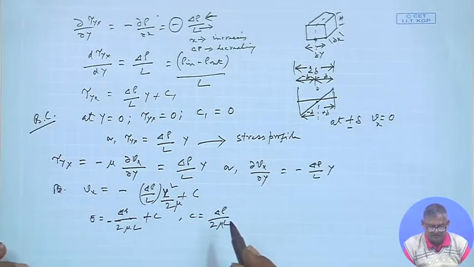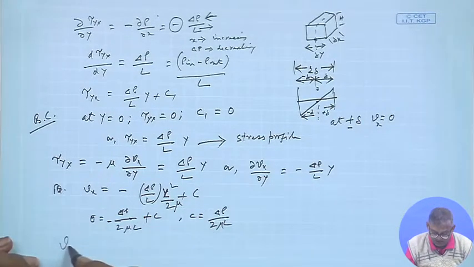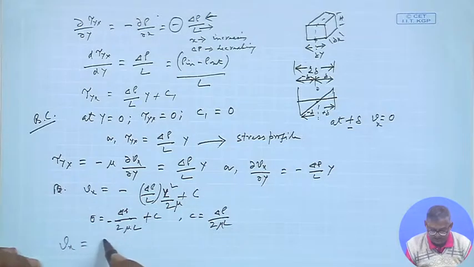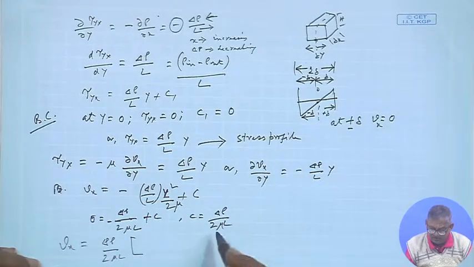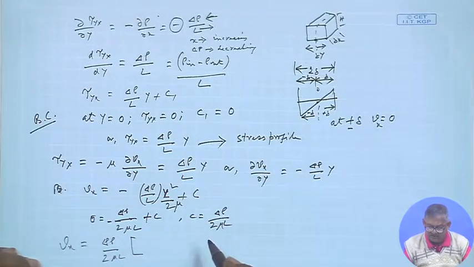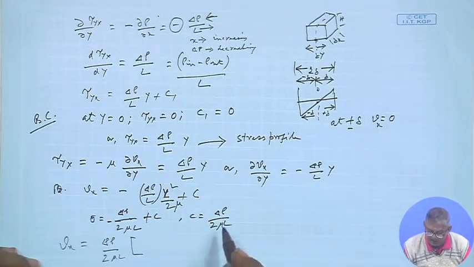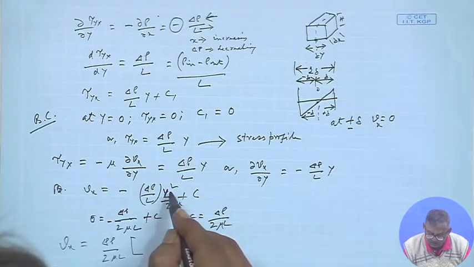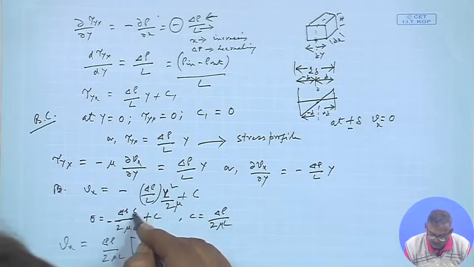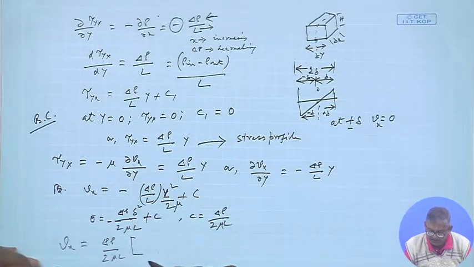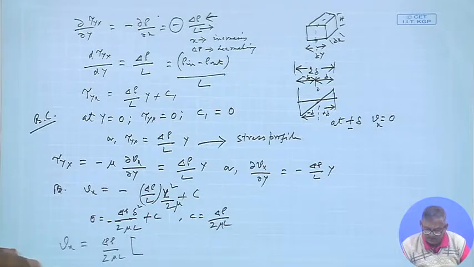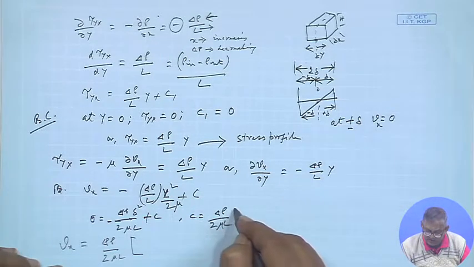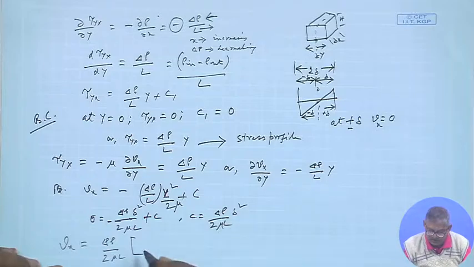And we can write v x is equal to delta p by 2 mu L, if we take it to be common, then delta p, this was y, c and of course y square. So it is del square.